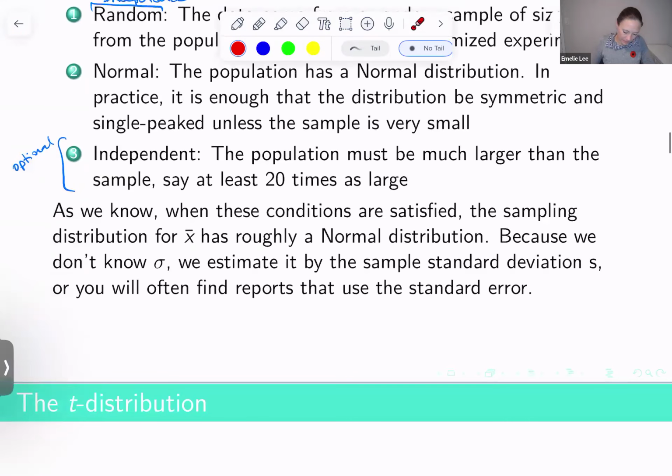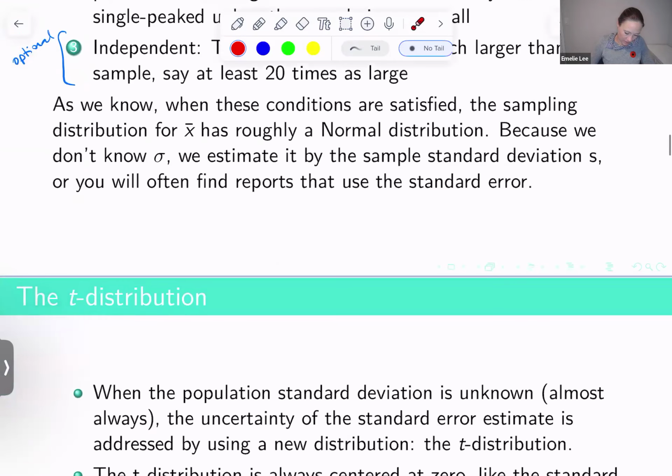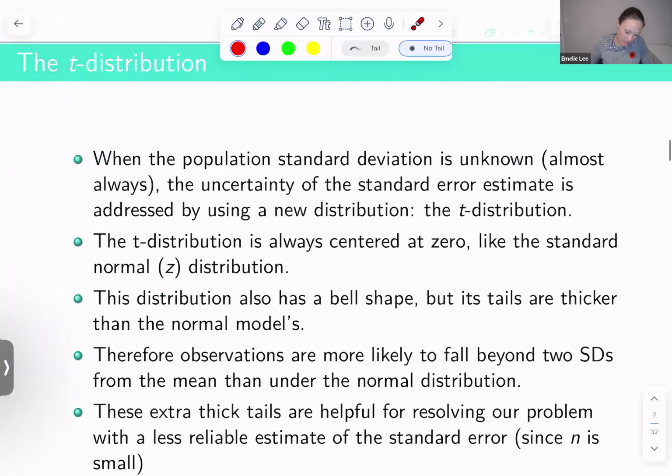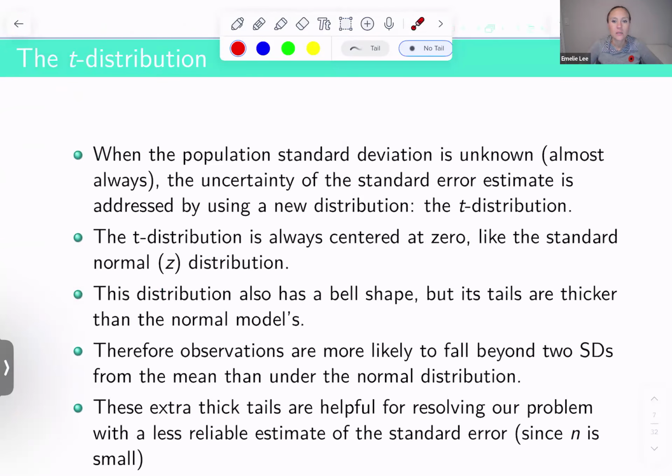And then we've talked about that. Like we saw, from z equal to x minus mu over sigma, if we alter that to an x bar, then the standard error is now sigma over root n.